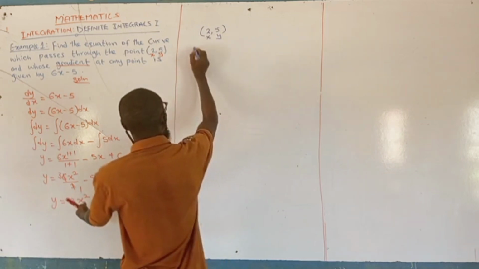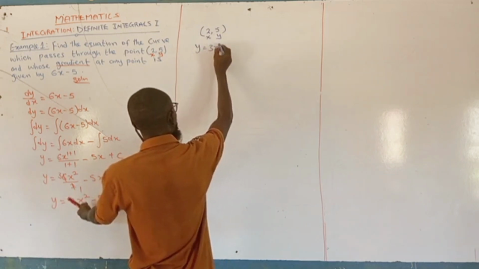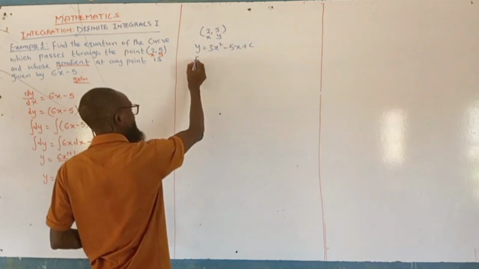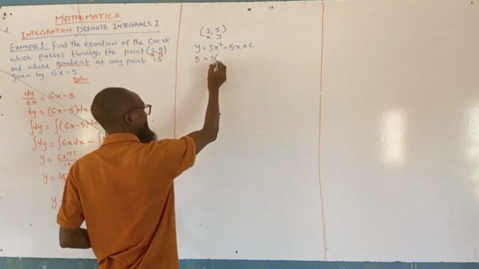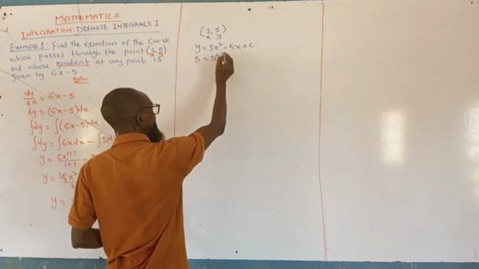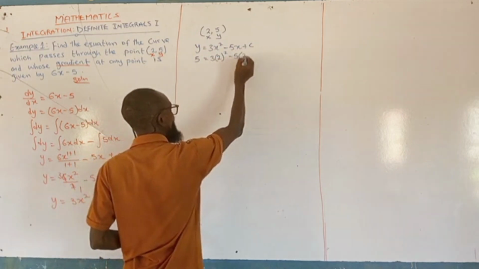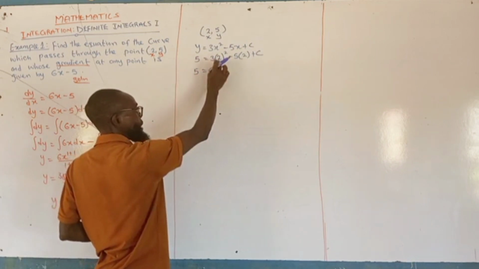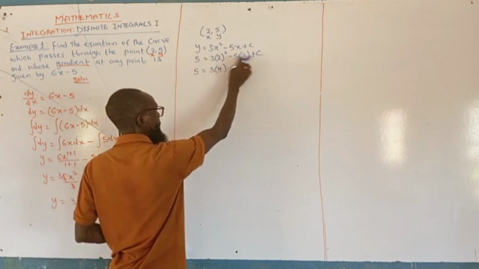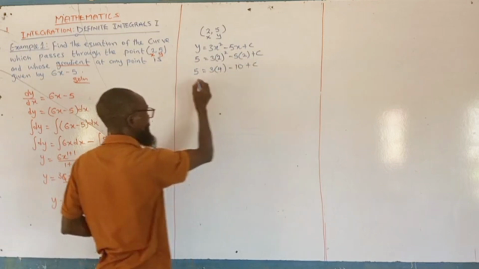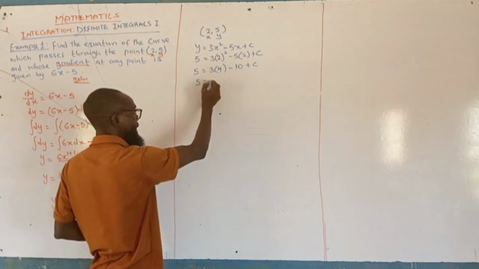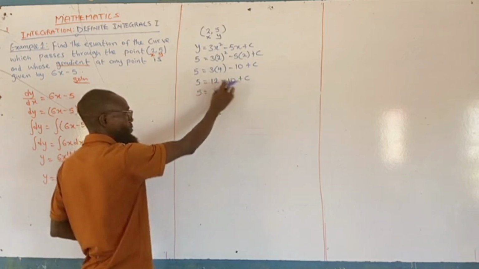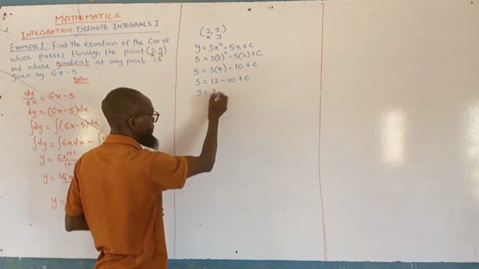From the equation y equals 3x squared minus 5x plus c, 5 equals 3 multiplied by 2 raised to power 2, minus 5 multiplied by 2, plus c. 5 equals 3 times 4, that is 12, minus 10, plus c. 5 equals 12 minus 10, that is 2, plus c.